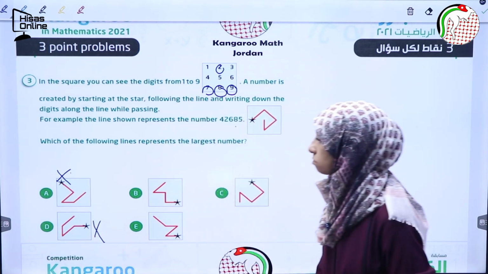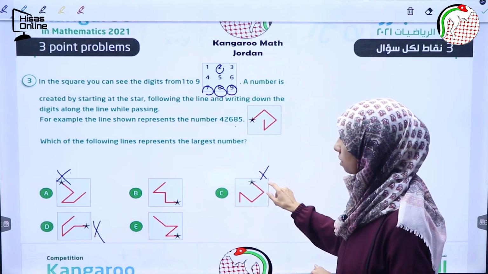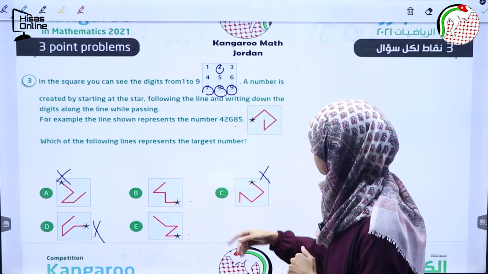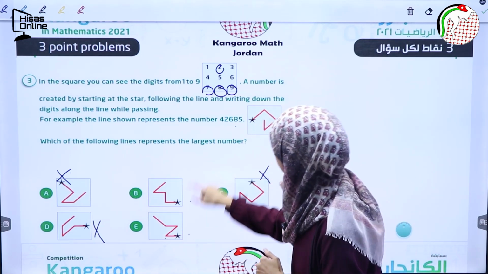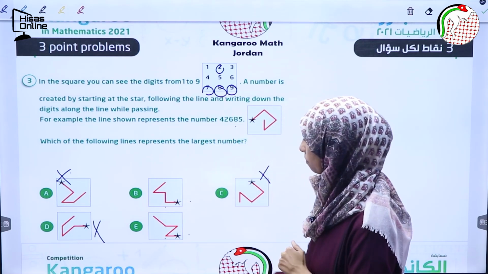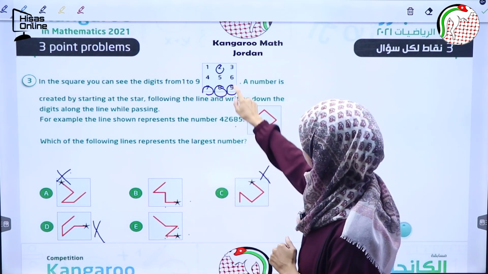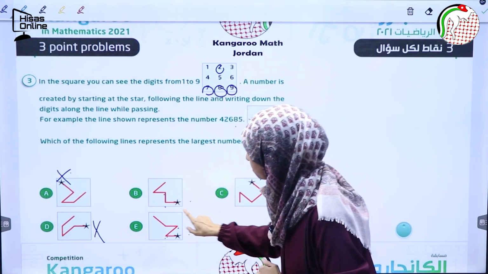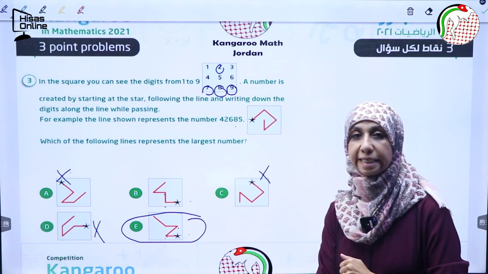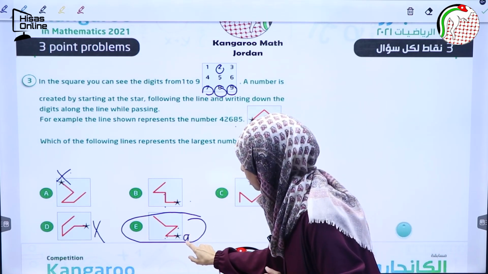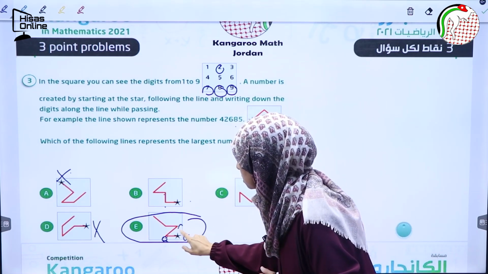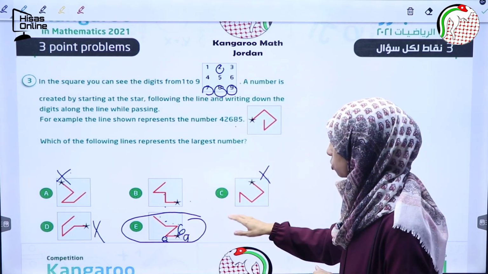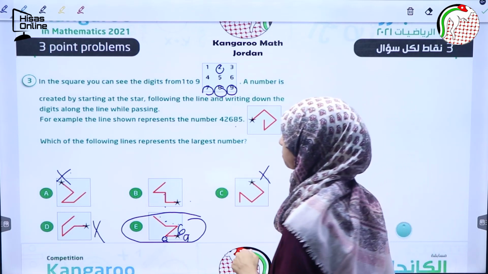Also D. Here, C. Those 2 options only started at 9. So let's see the next digit. They moved to 8, both of them. Then this number moved to 6, while this number moved to 5. So which one is bigger? Definitely E is bigger because we have 9, then 8, then 6, regardless of the next few digits. So E is the right answer.